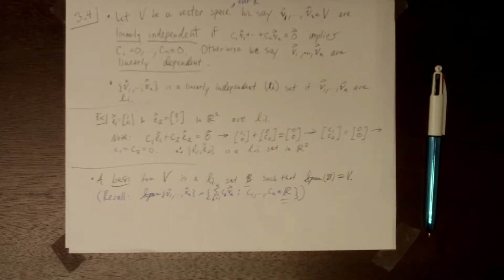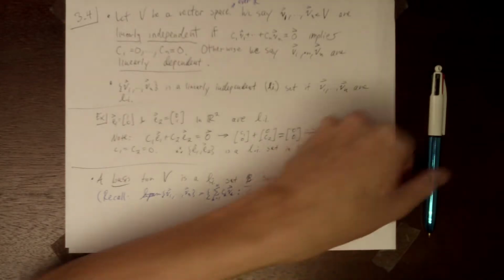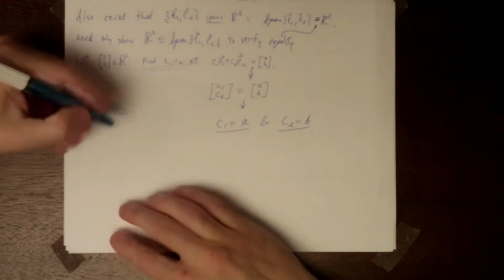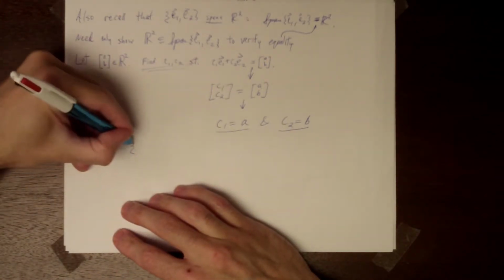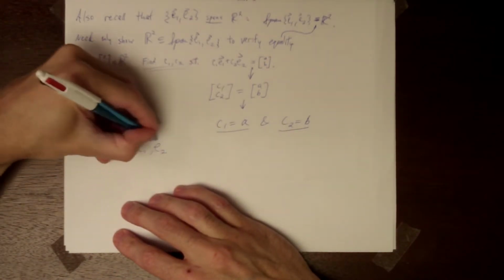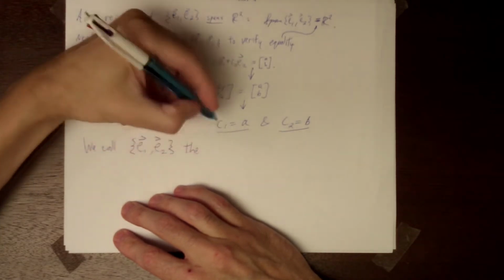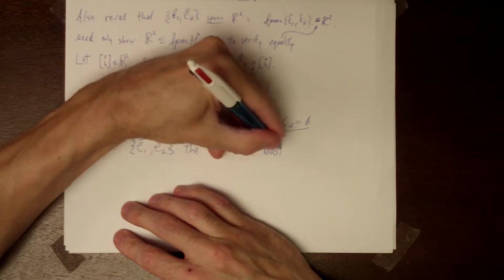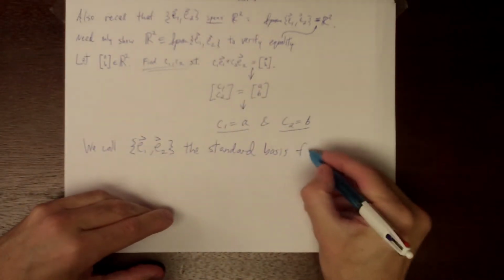But we're not there yet. That'll be stuff more for the next chapter. Well, at least it's a few sections away, let's just say that much. So, okay. We call E1, E2 the standard basis for R2.